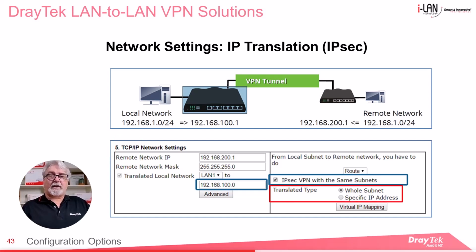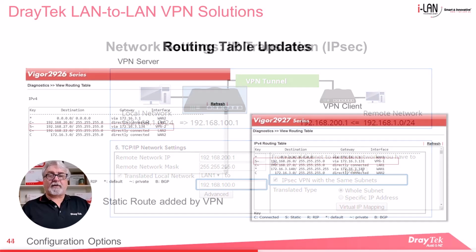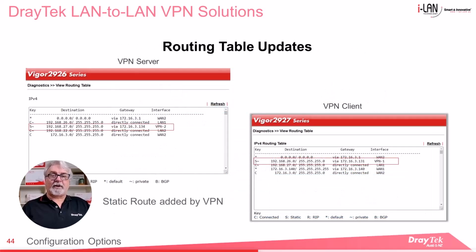There are two translated types to choose: whole subnet or a specific IP address. Clicking on the virtual IP mapping button brings up a dialog box to specify the local IP address and the mapping virtual IP address. Once the VPN tunnels are established, the routing table is updated with a static route pointing to the remote network. The interface is shown as VPN in the column on the right.